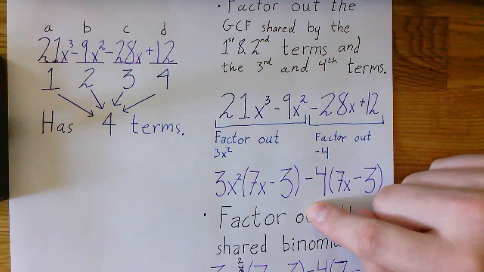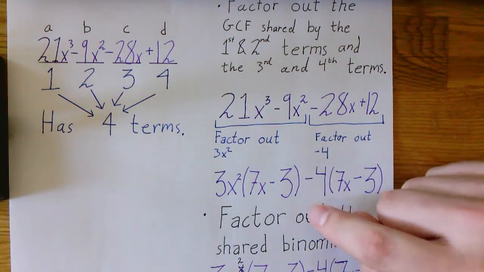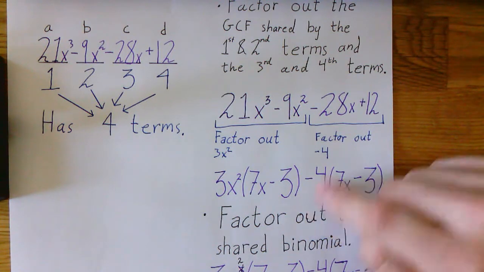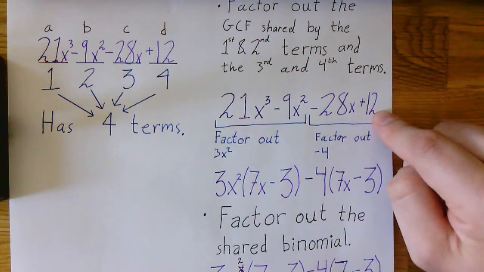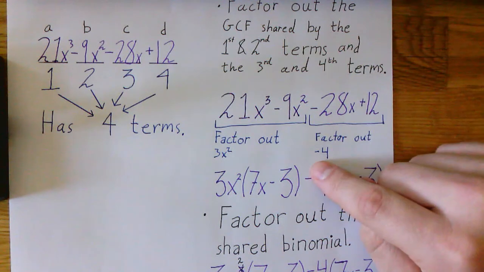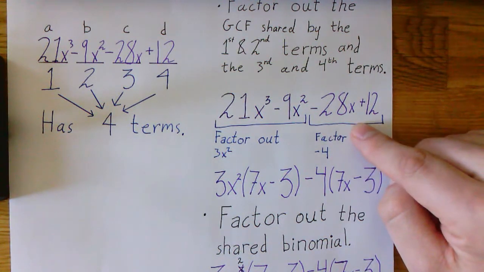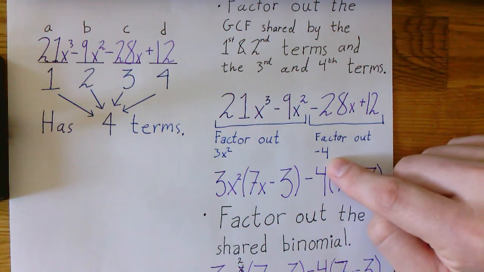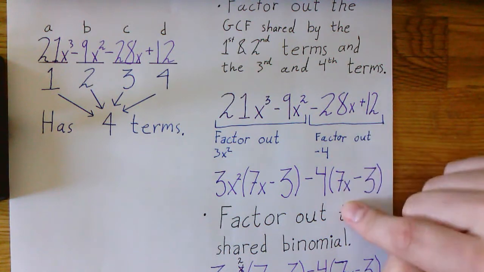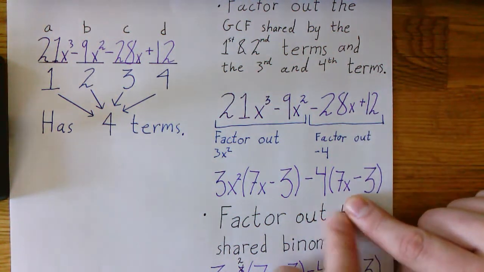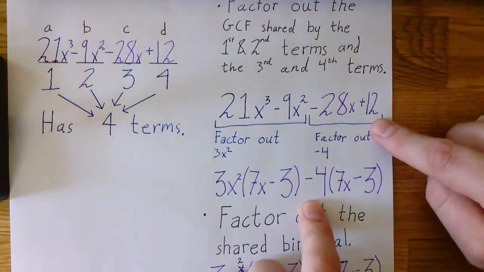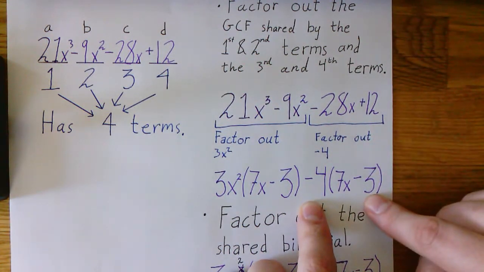Now factor the negative 4 out of these. Divide these by negative 4. Negative 4 goes into negative 28, positive 7 times. There's an x. We're not taking any x's out, so just leave it there. 12 divided by negative 4, that's negative 3.